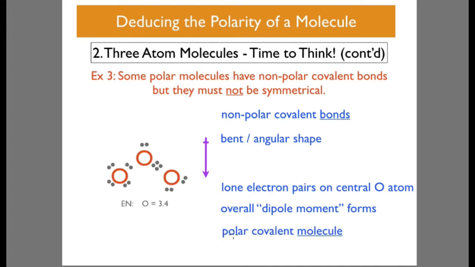And so we get a polar covalent molecule even though the bonds themselves do not have dipoles. And so dipoles, partial charges, do form on the molecule. And the delta positive will be where there's only one lone pair. And the delta negatives occur down this end where there are more lone pairs. Of course, it has to be non-symmetrical for this to occur.